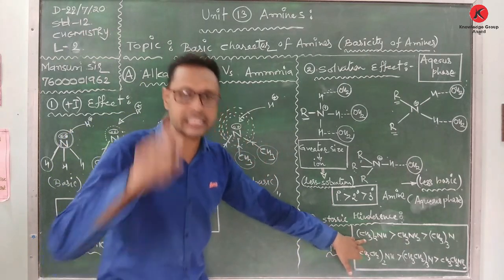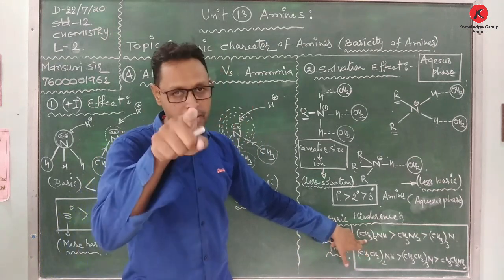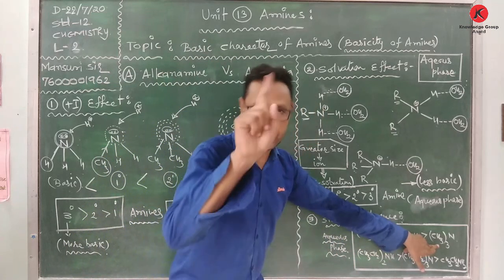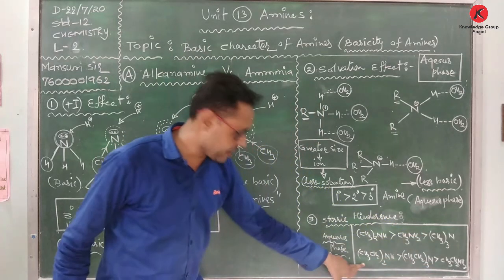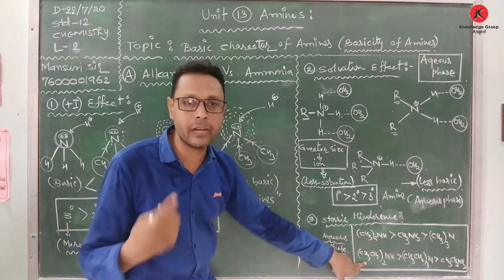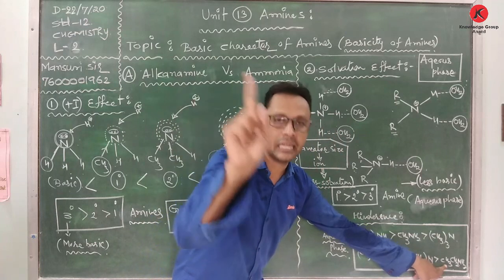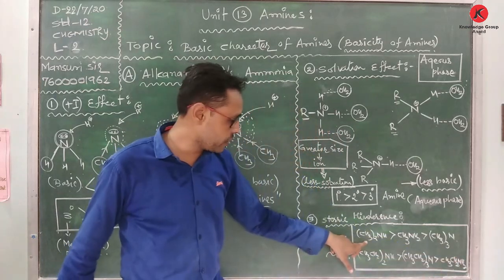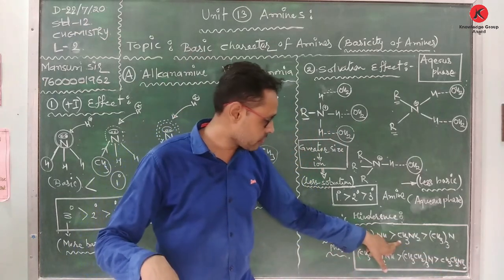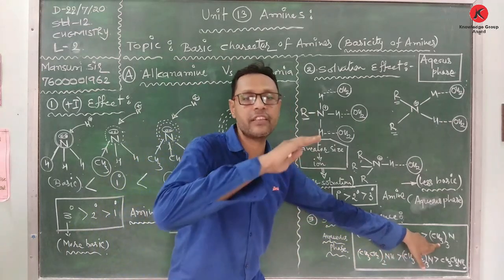if methyl is given, then 2 degree amine is more basic and 3 degree amine is less basic. But when ethyl is given with the nitrogen, then 2 degree amine will be more basic and primary amine will be less basic. Here 2 degree amine is more basic, 1 degree amine less basic, and 3 degree amine very less basic.